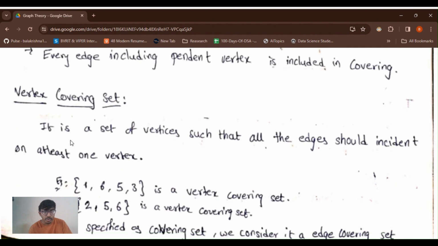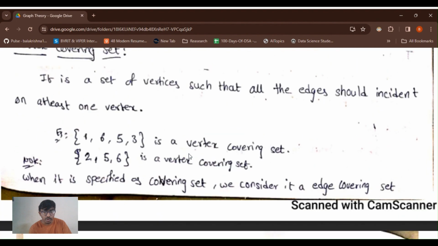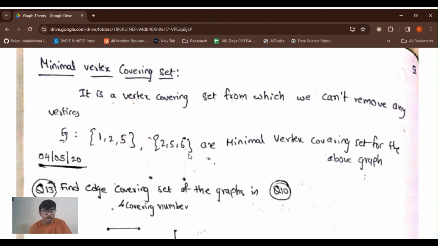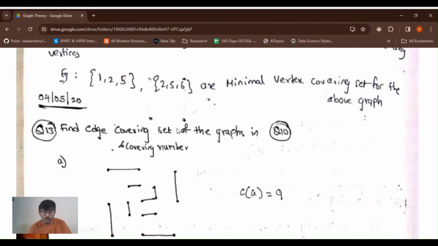Vertex covering set is a set of vertices such that all the edges are incident on at least one vertex. Minimal vertex covering set is a vertex covering set from which we cannot remove any vertex.